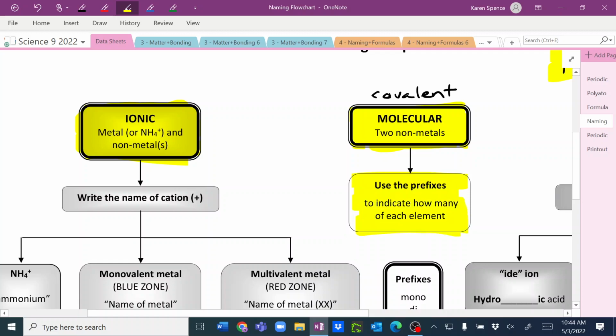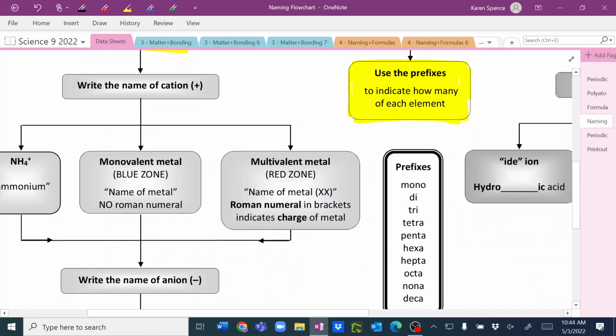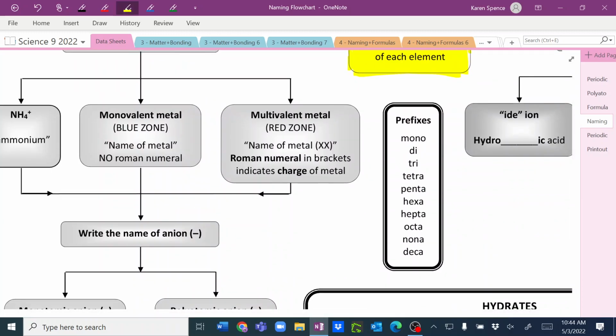Those prefixes are listed on page 10, but they're also right here: mono, di, tri, tetra, penta, hexa, hepta, octa, nona, deca. And that was one of your jobs last night, to have memorized those, yes? Okay.